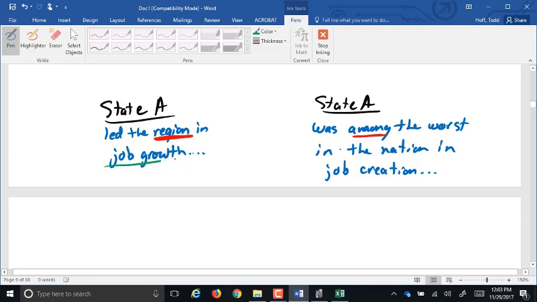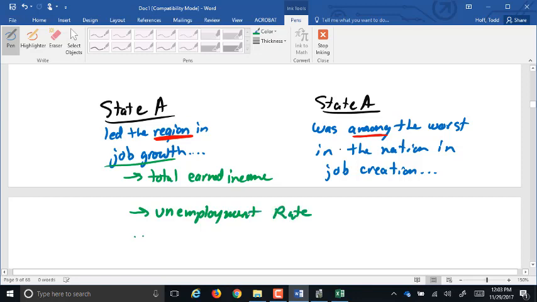You define job growth as total earnings, total earned income in the state, or do you define it as unemployment rate? Do you define it by hours worked, total working hours?